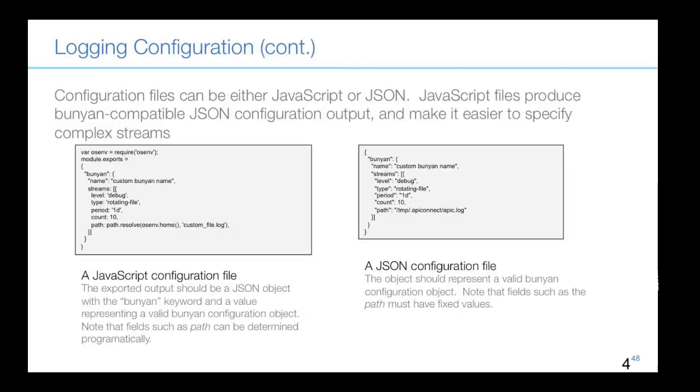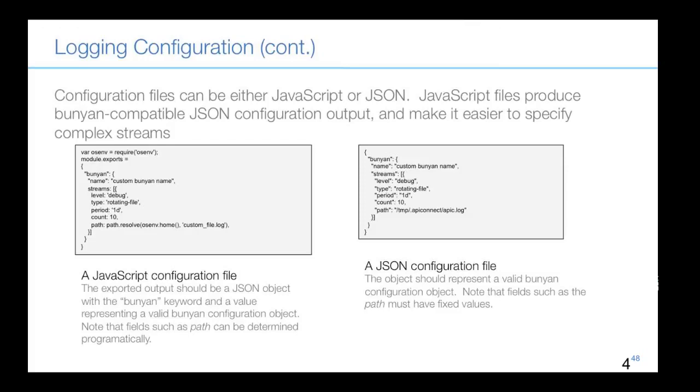So next slide. Okay, so here's some example configuration files. On the left is the JavaScript version. On the right is the JSON version. The JavaScript version is just a small JavaScript program that exports this JSON.